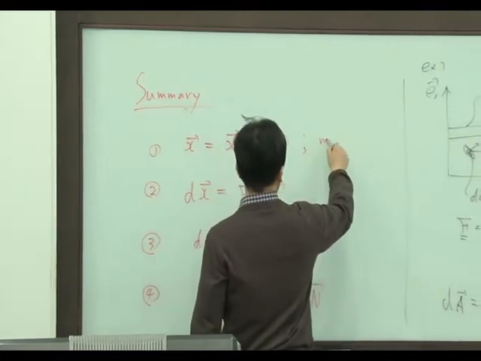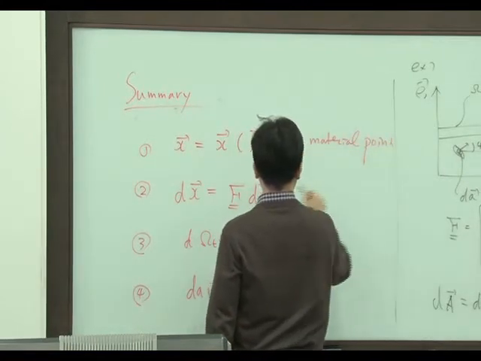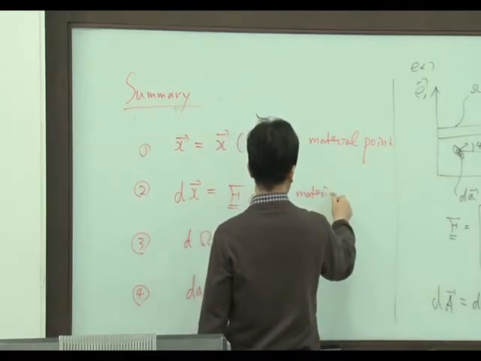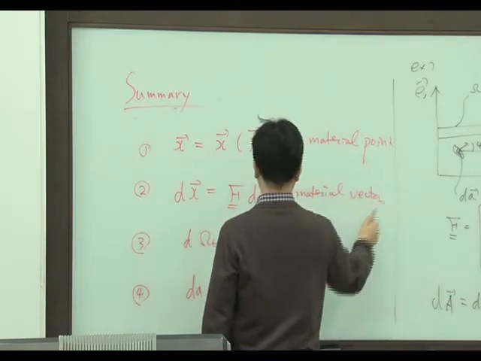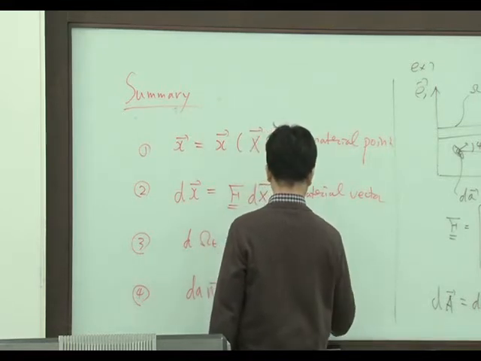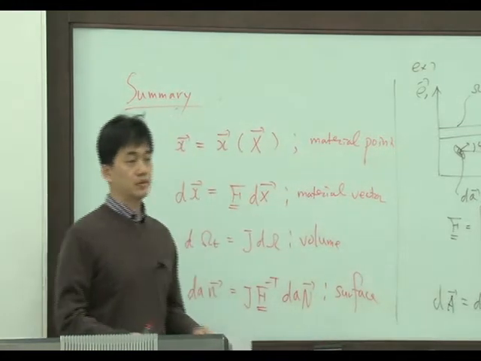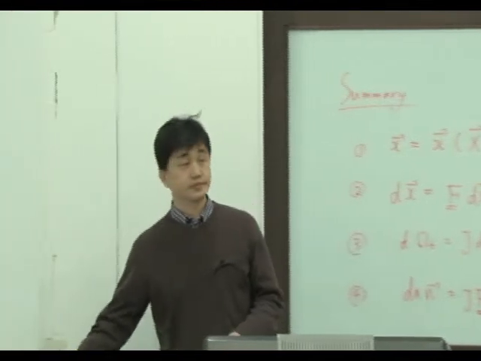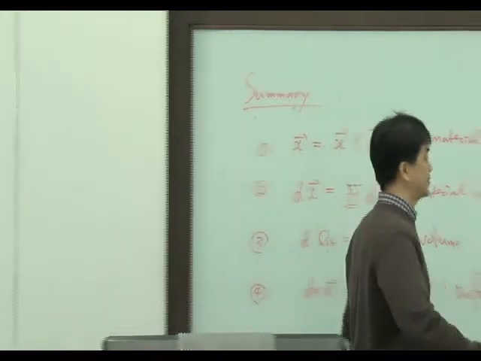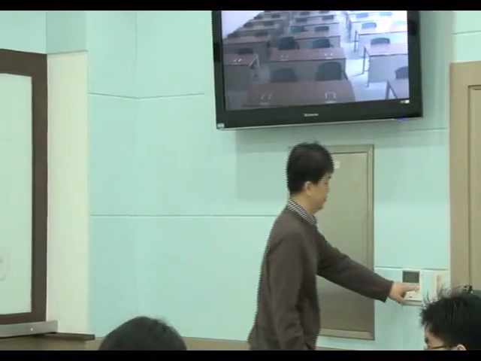This is a material point, and material vector, volume, surface. Any questions?